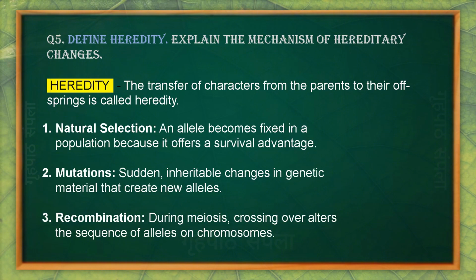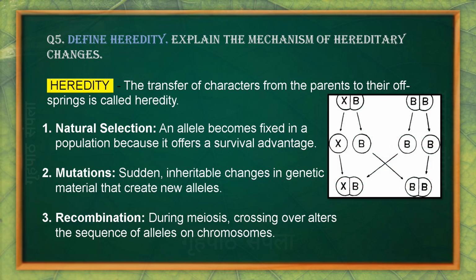An allele becomes fixed in a population because it offers a survival advantage. 2. Mutations. Sudden inheritable changes in genetic material that create new alleles. 3. Recombination. During meiosis, crossing over alters the sequence of alleles on chromosomes.